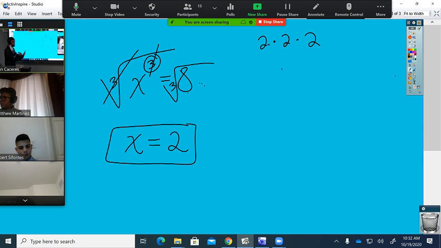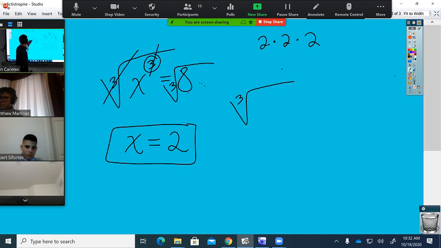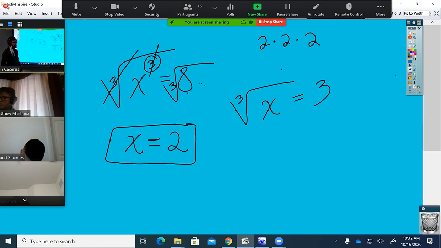Now let's do it the other way around. Cubic root of what would be 3? Now, x is not by itself. How do we get an x by itself that has a cubic root on it?